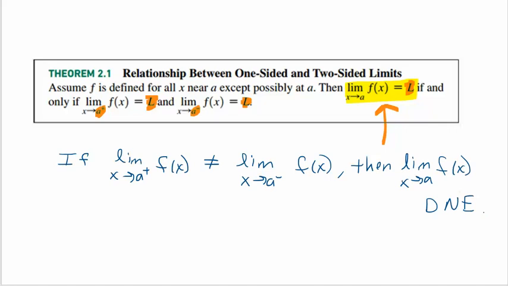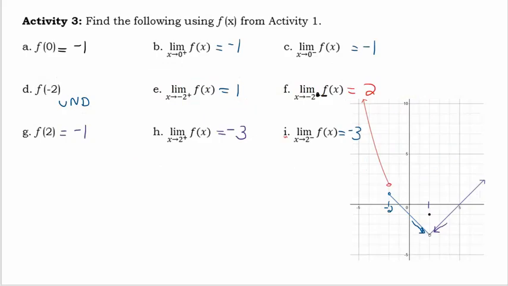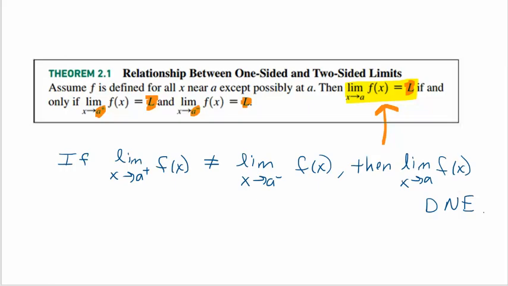Can you find a place on this graph where the limit does not exist? For what value of x on this graph does the limit not exist? All right, in other words, for what value of x does the limit from the left not equal the limit from the right?